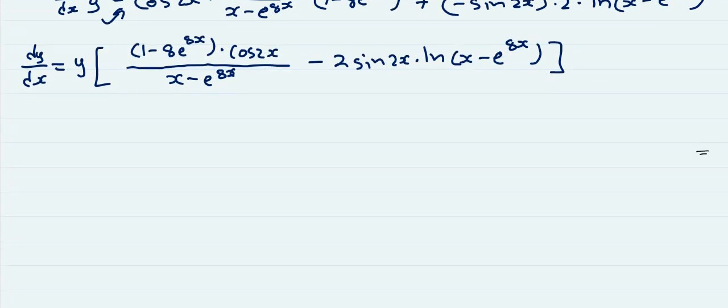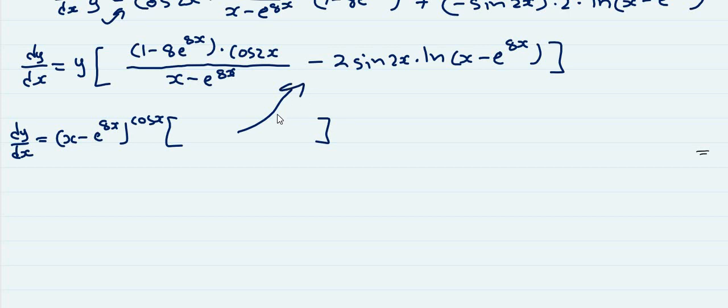From the original equation, y is x minus e to the exponent 8x, to the exponent of cos 2x, all multiplied by the function in the bracket. Then you are finished.